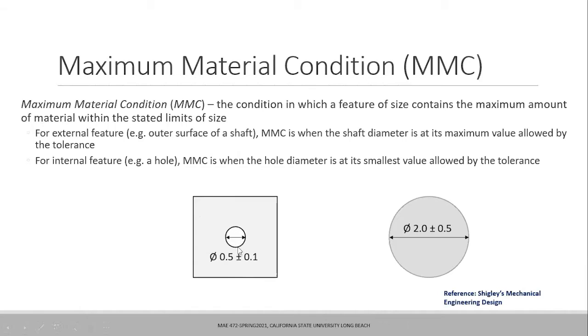So whenever a size dimension with specific tolerances is provided, the dimension that corresponds to the maximum material in the part is known as maximum material condition. So if I look at this pin now, a circular projection representing a cross section of a pin or a cylinder, it has diameter 2 plus minus 0.5.